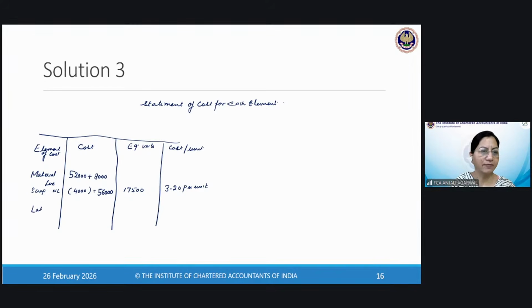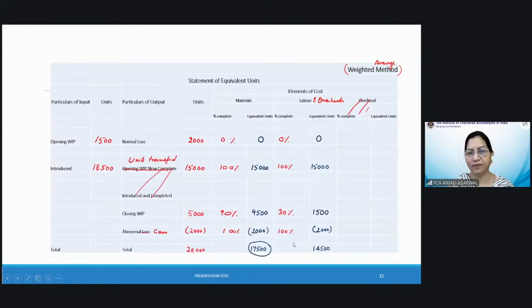Similarly, we will take labor cost, which is 14,000. But to that, we have added another 3,000 of cost from the opening stock. So total becomes 17,000. And the equivalent units of labor is 14,500.